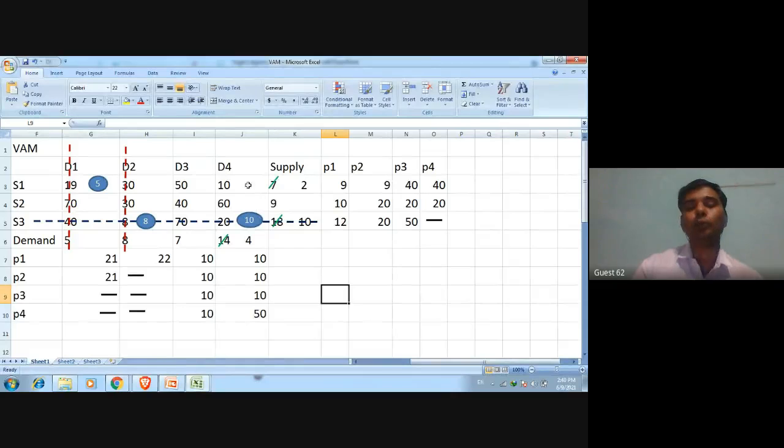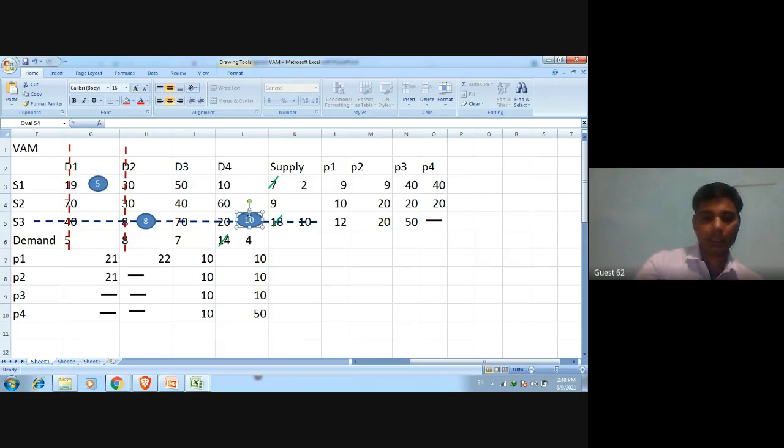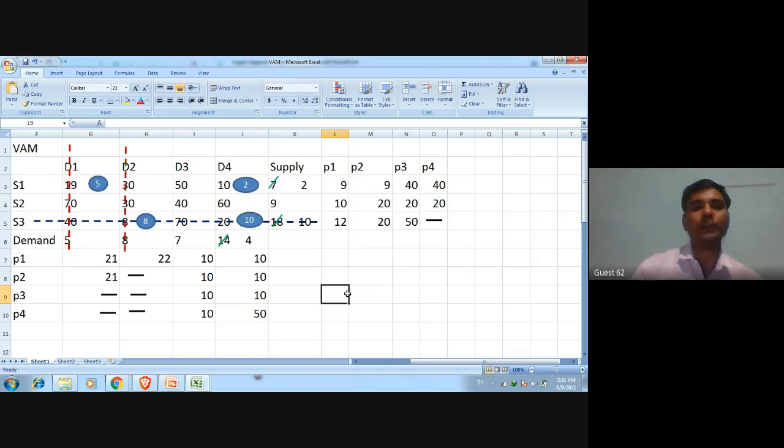Supply is 2 and requirement is 4, so we will allocate the minimum supply, that is 2, in D4 at per unit cost 10. Control C and control V. Okay. I have allocated 2 units from plant S1 to D4.